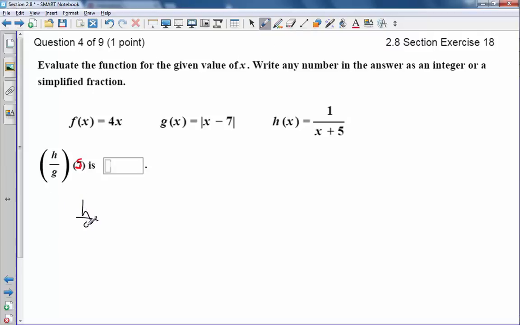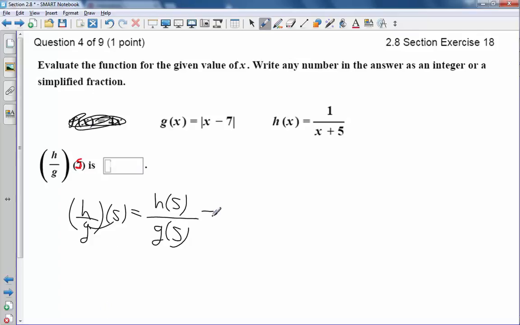H over G of 5 means you take and compute H at 5, and then you take compute G at 5 and divide them. This means division. So let's compute. By the way, we are not using F anymore. It's G and H only.